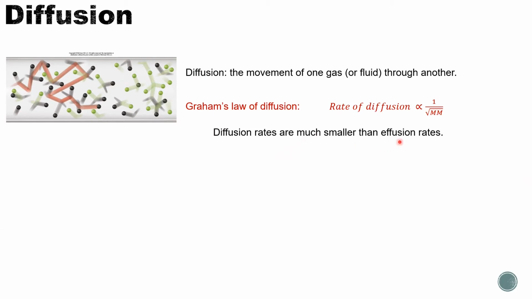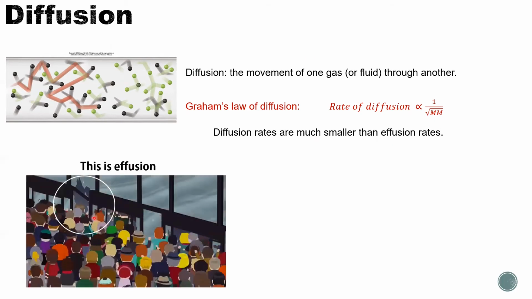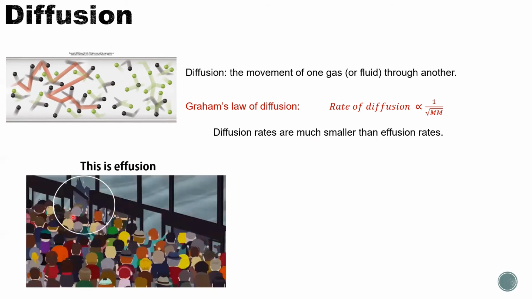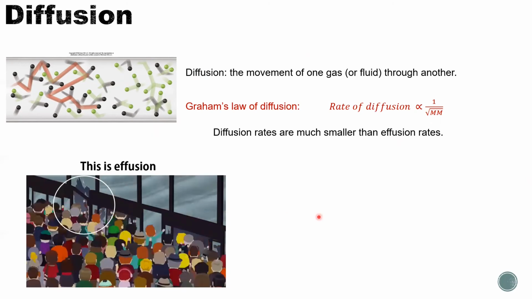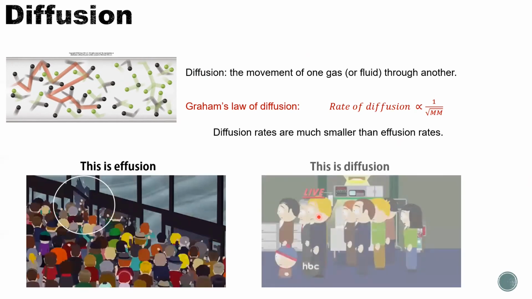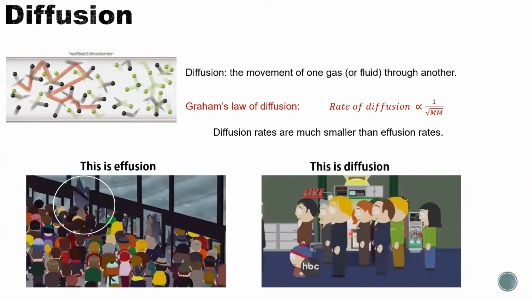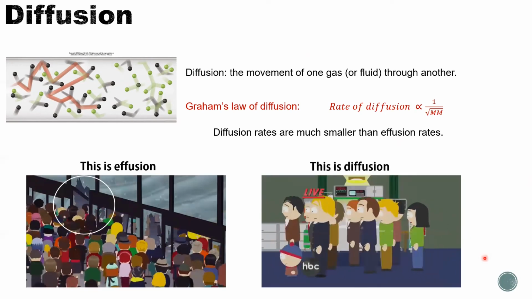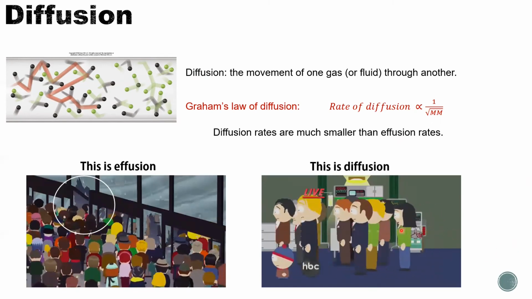You can imagine Black Friday. When the doors open, everyone rushes out, right? So this is effusion. That speed is very quick. However, on a regular day, we just walk through a hallway of a mall, so the speed is relatively slower.